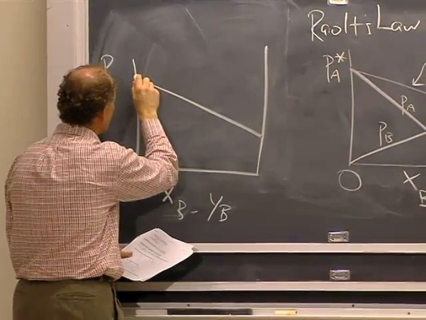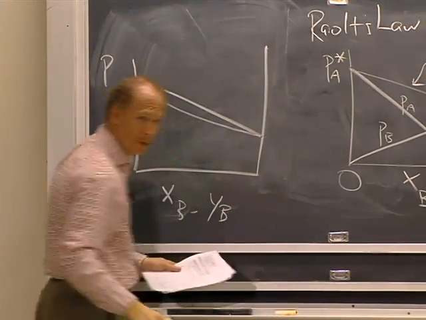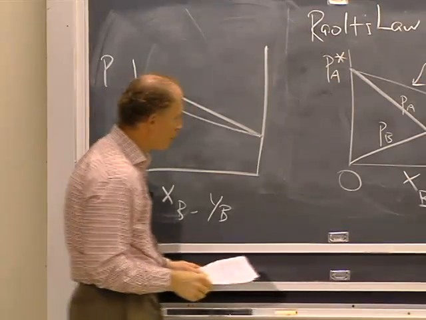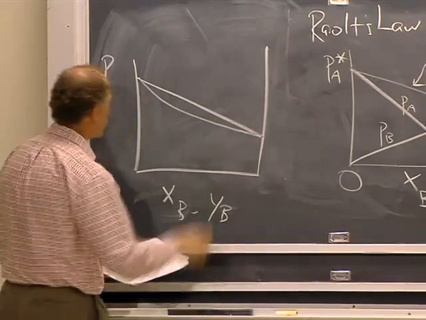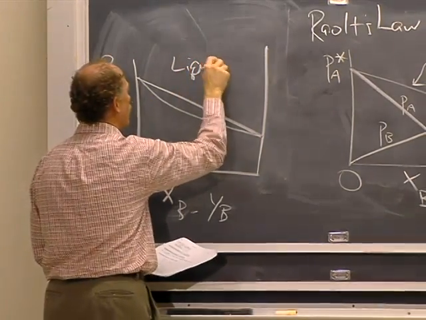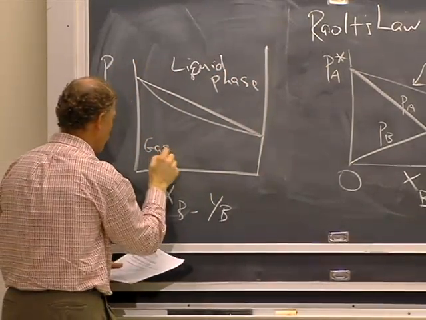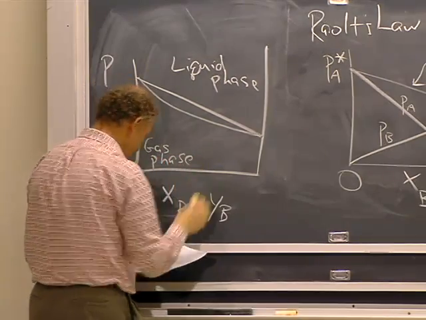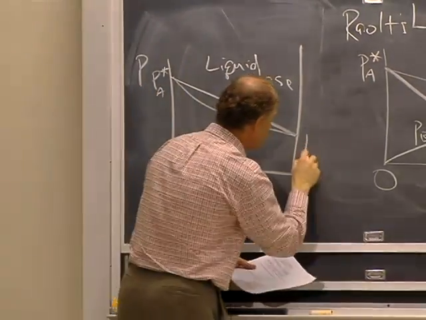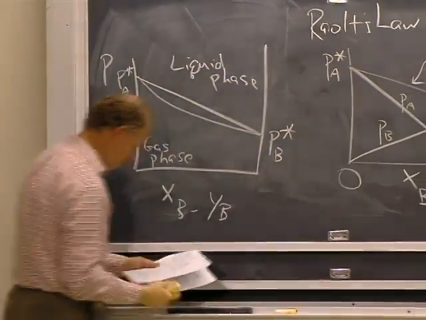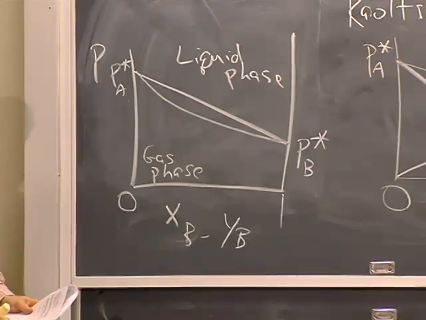And then I have a nonlinear relationship between the pressure and the mole fraction in the gas phase. Okay? So let's just fill this in. Here is PA star still. Here's PB star. Of course, at the limits, both mole fractions are still 0 and 1, right?